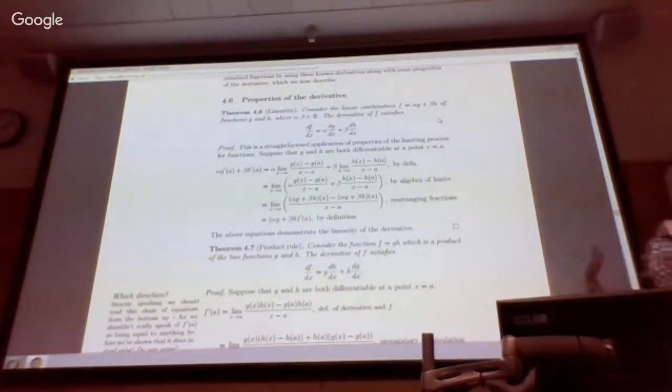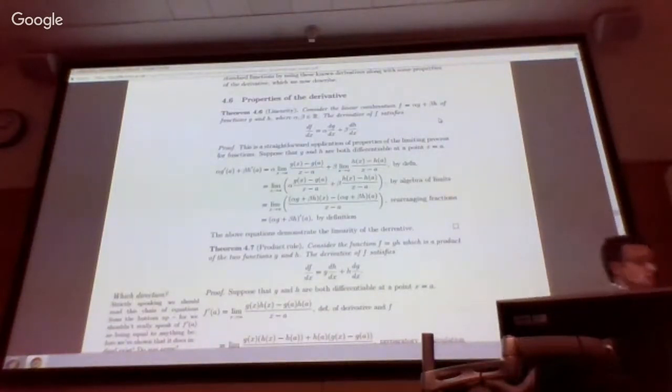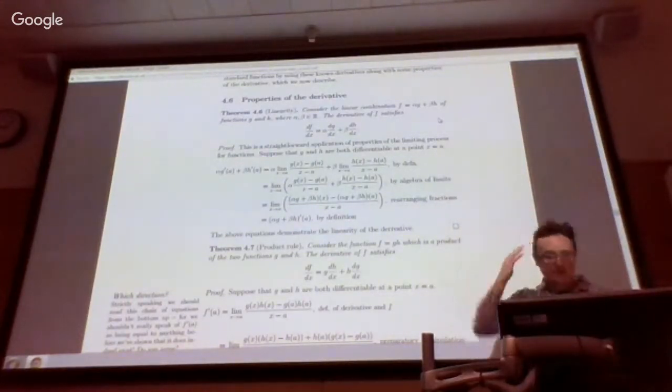It's a very familiar looking result when you think back at our algebra of limits theorem for convergent sequences. The derivative of a linear combination is the linear combination of the individual derivatives.